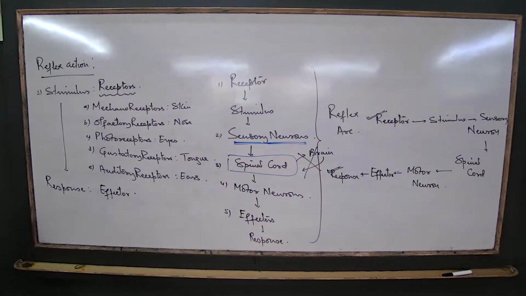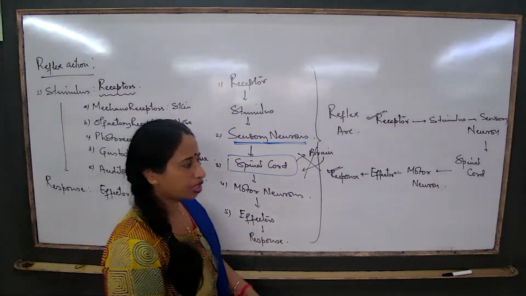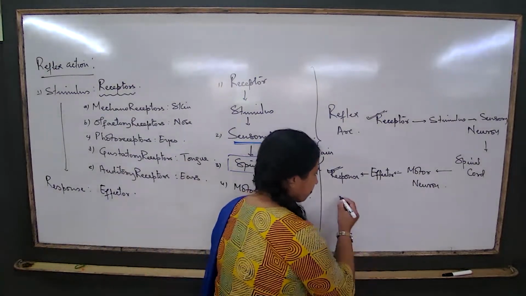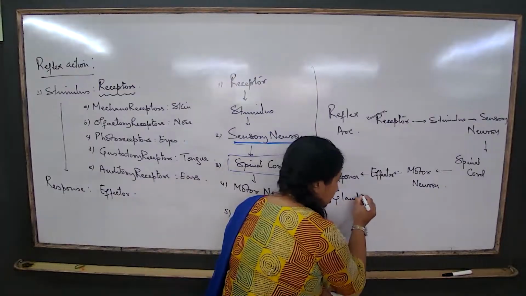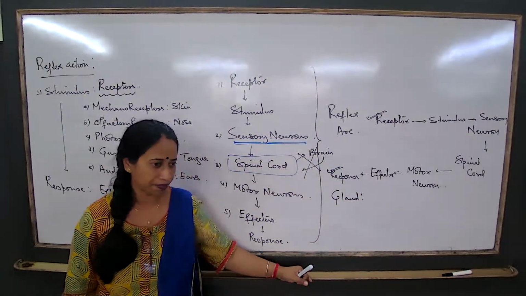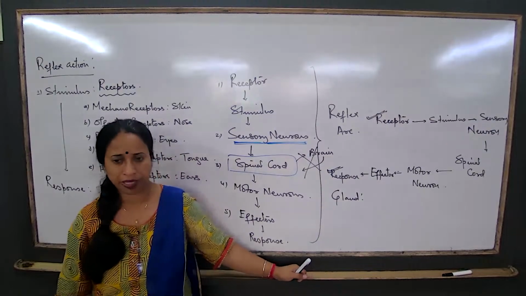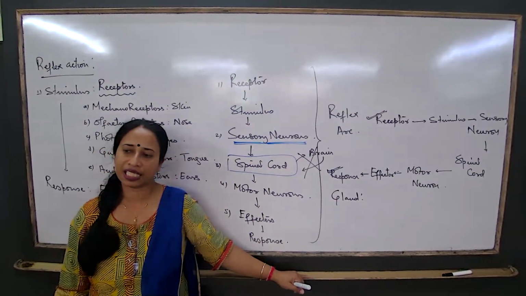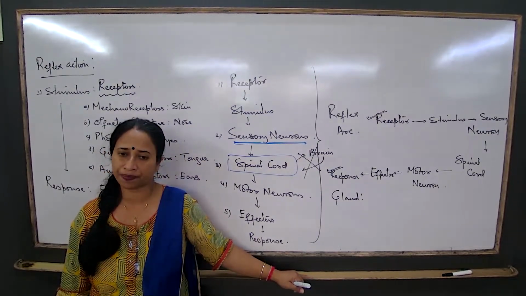On receiving the stimulus, glands secrete chemical substances. On receiving a stimulus, how would a gland behave?